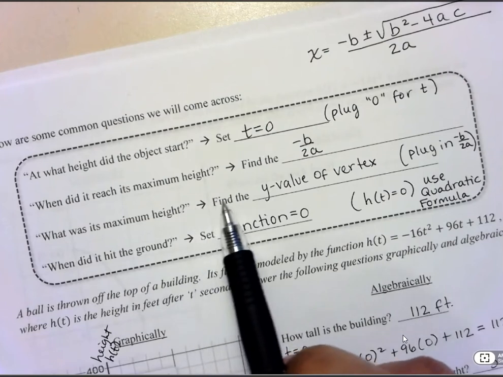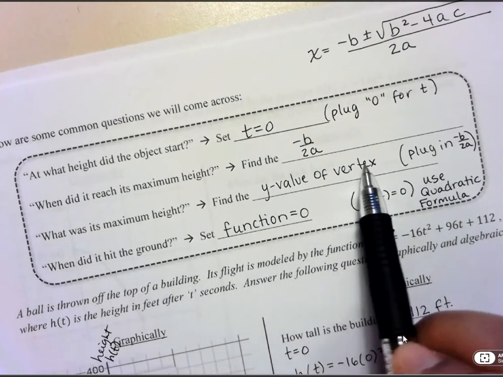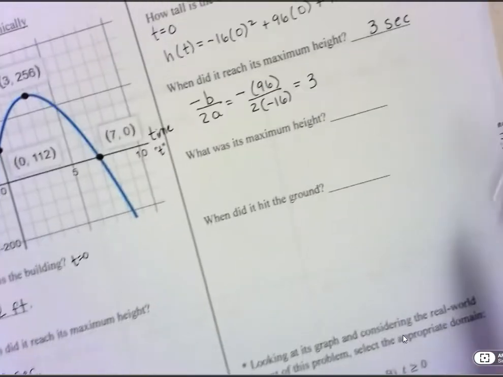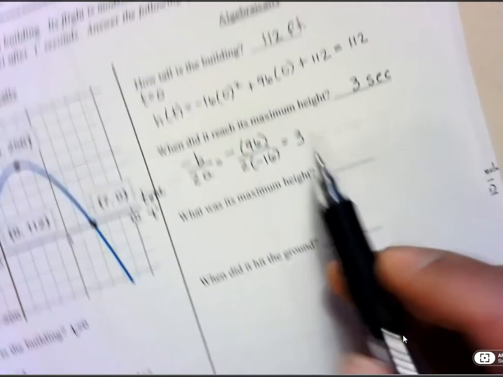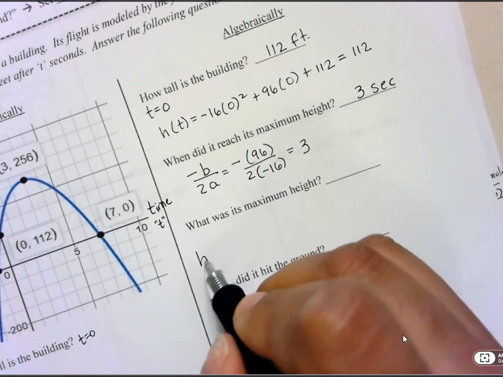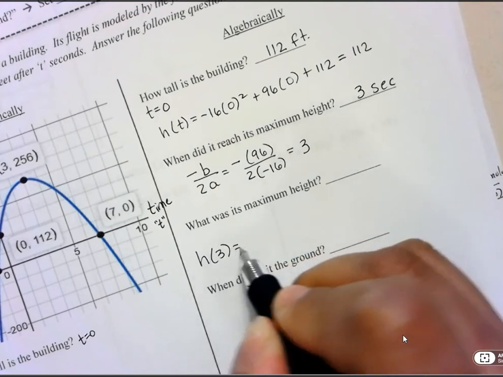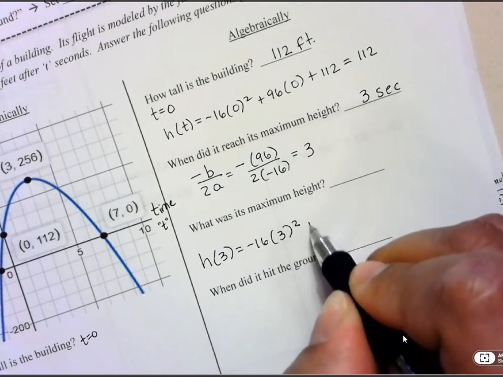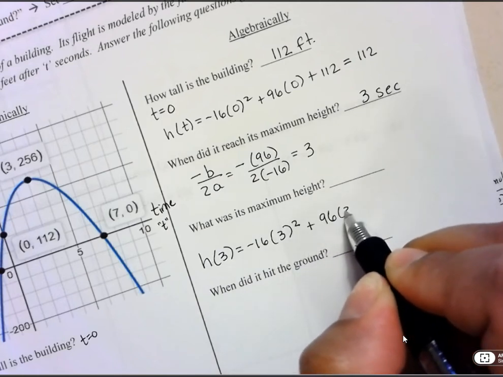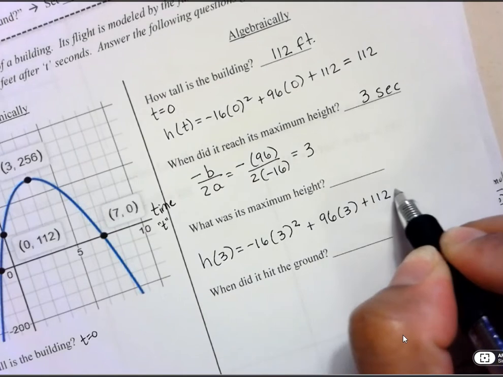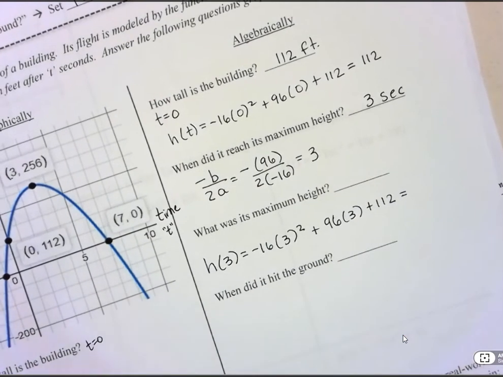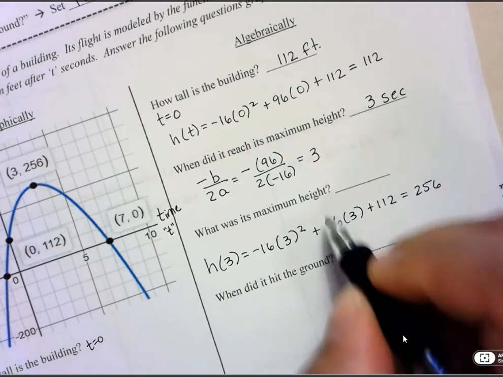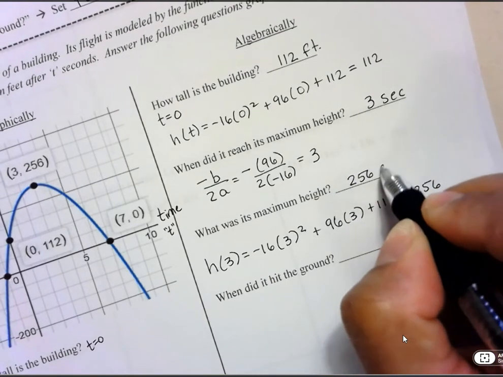When they ask you for the maximum height, you're going to find the y value of the vertex. You're going to plug negative b over 2a into the function. We know negative b over 2a is 3, so we're trying to find out what the function is when time equals 3 seconds. Plug that into the calculator and you get 256. So that means the height was 256 feet.